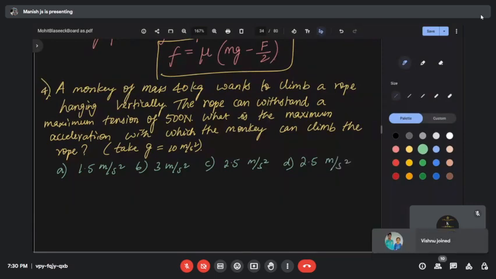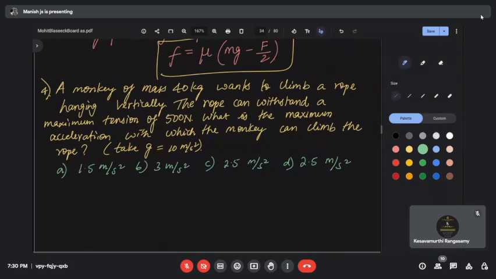A monkey of mass 40 kilograms wants to climb a rope hanging vertically, and the maximum force the rope can withstand is 500. What is the maximum acceleration with which the monkey can climb the rope? You will have to find the maximum acceleration of the monkey.